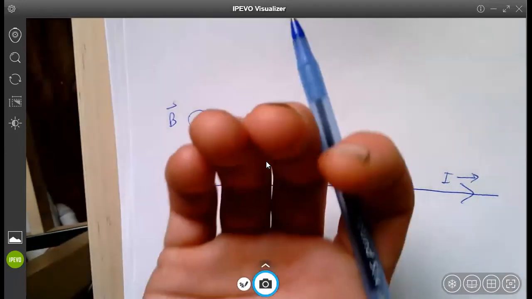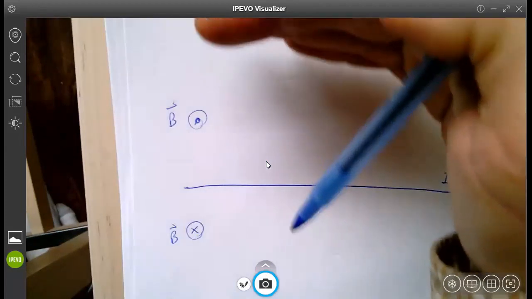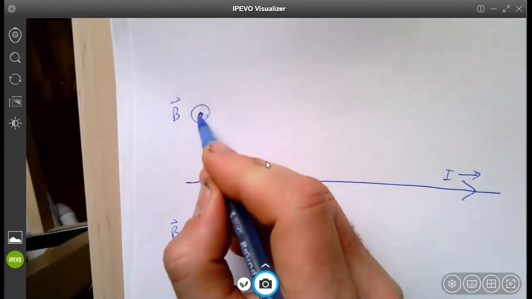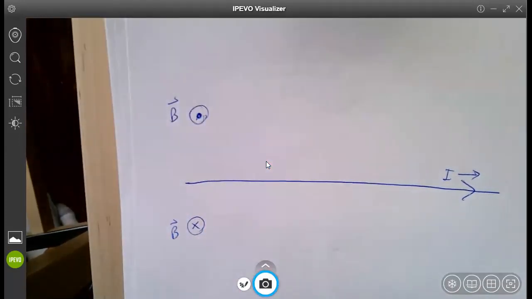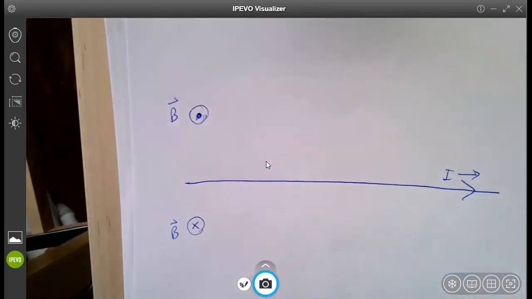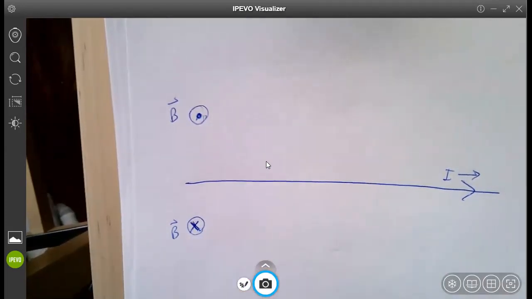Well, if we use the right-hand rule, everywhere above the wire, on this side of things here, the magnetic field is going to be pointed out of the page, which I drew as a circle with a dot through it. This means out of the page. Whereas everywhere below this current in the wire, the magnetic field is going into the page.